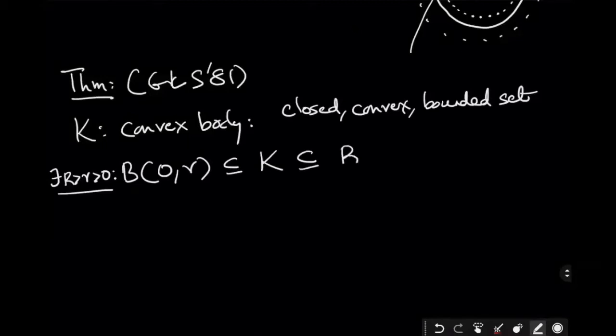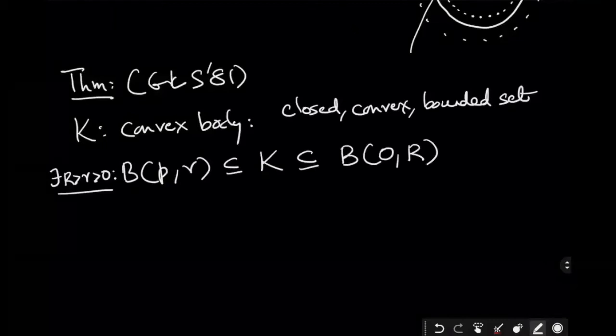Actually, this need not be around 0, so let's call it some point p. So there is some point p, and a small r length ball around it is completely contained inside the body K, and the body itself is completely contained inside some large ball of radius capital R. Okay, so suppose it is true that B0 small r is contained inside K, and K itself is contained inside B0 big R.